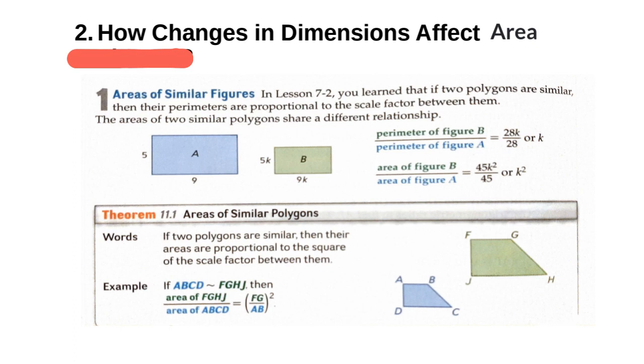Now we can say if two polygons are similar, then their areas are proportional to the square of the scale factor between them. For example, if ABCD is similar to FGHJ, then the area of FGHJ divided by the area of ABCD equals FG divided by AB, and everything is squared.